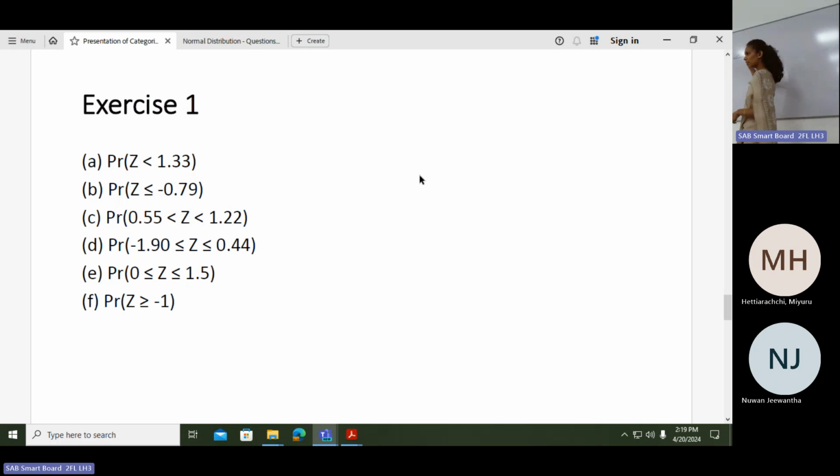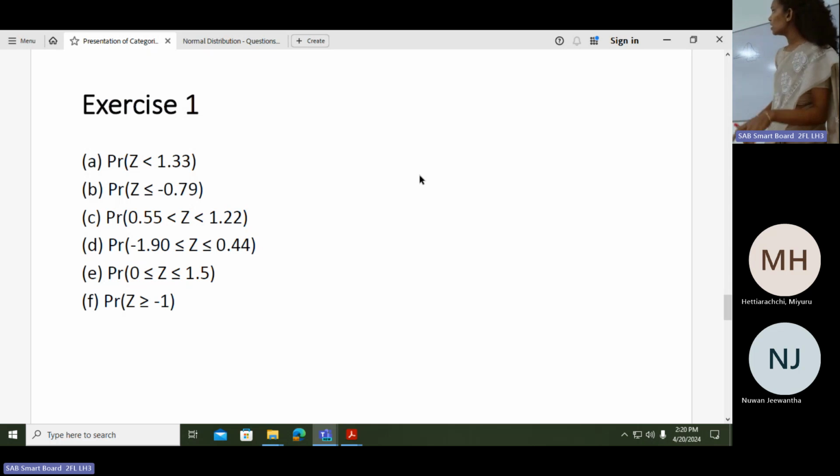Take this probability value, then 0.3888 minus 0.2088. What is the answer? 0.1800. Okay, part C. Is it clear?